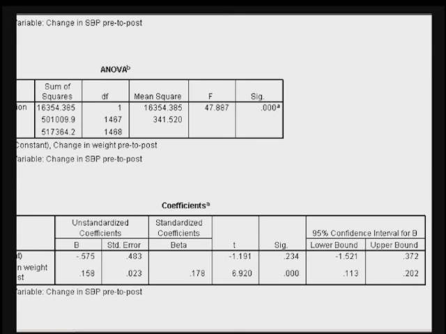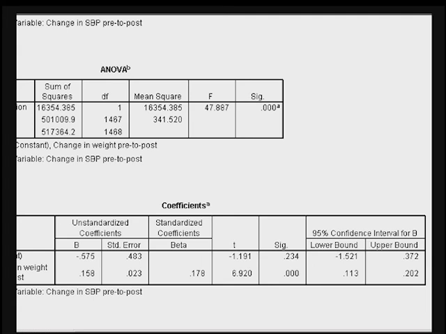So if you have a decline in the weight, you have a decline in the blood pressure of the same magnitude. So if the weight goes down by 1 pound, you have a decline in the systolic blood pressure of 0.158 millimeters of mercury.